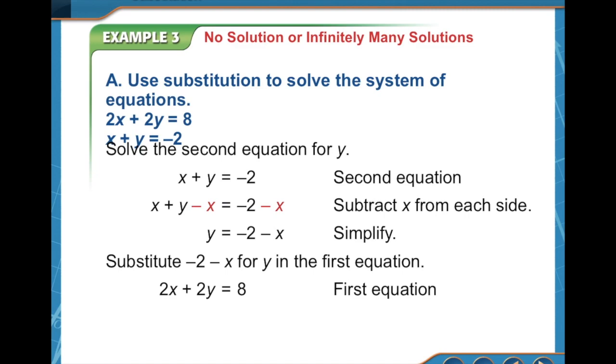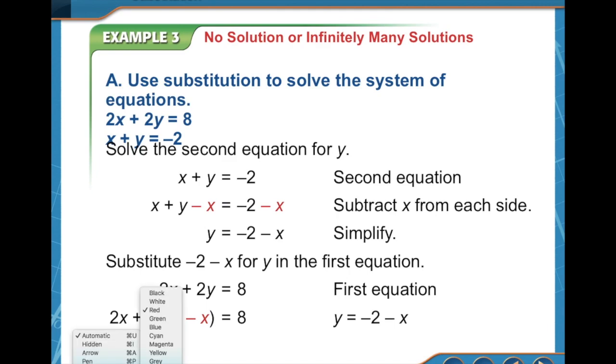So let's see that. Substitute that in. So there's our first equation. Now instead of a y, I'm now going to put what y is equal to, negative 2, take away x. And we did that there. That's the big step here. Replace what you can based on what your variable is equal to.